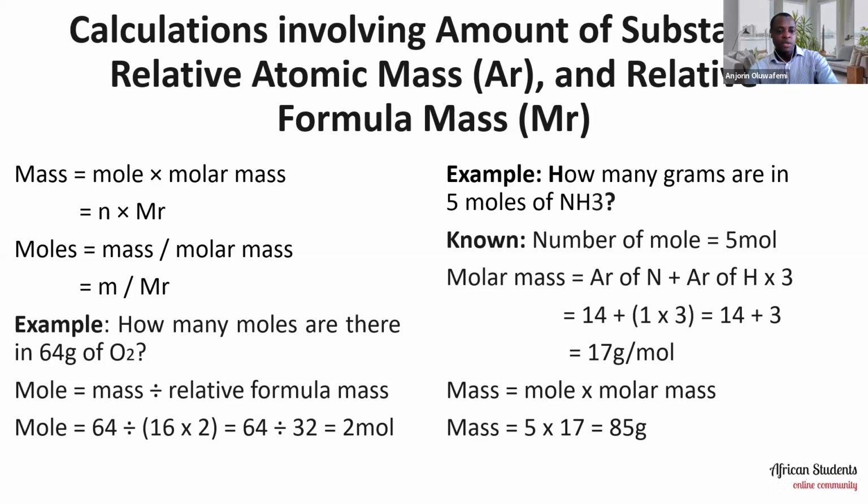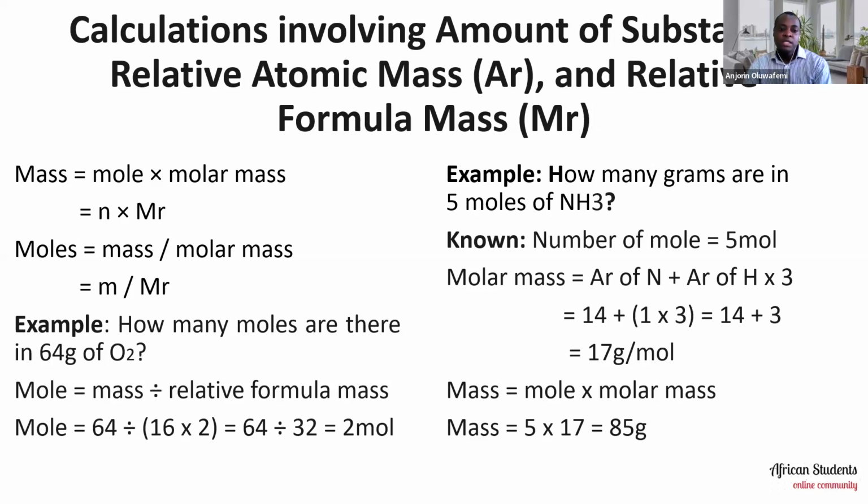If you look at it closely, the mass that was given to us is 64, and the relative formula mass of oxygen in that regard is 16 times 2. So that would be 32. So it will be 64 divided by 32. So the number of moles contained in 64 grams of oxygen will be 2 moles.